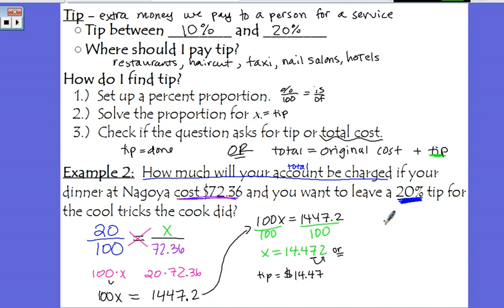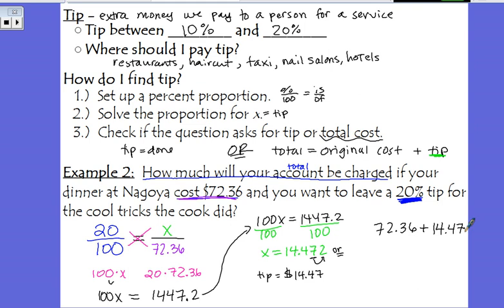So I have to take the $72.36 and write a statement showing that I'm adding the tip to that. You can't just do it in the calculator because I need to see how you're going from your tip to your answer.